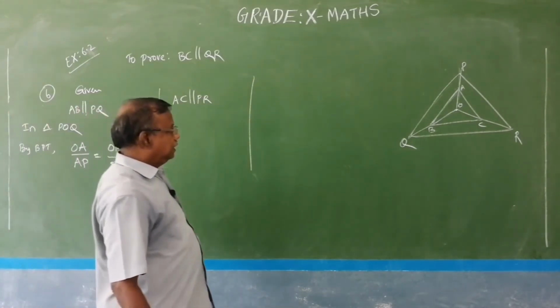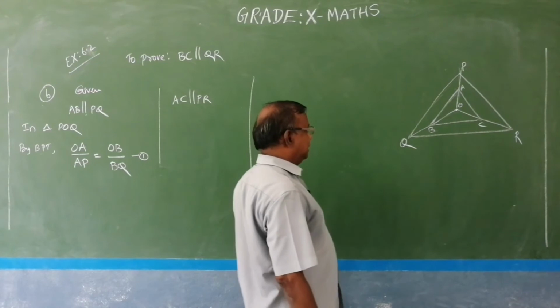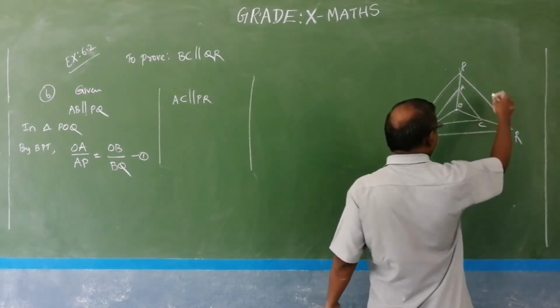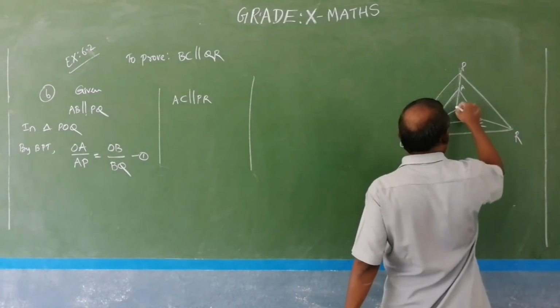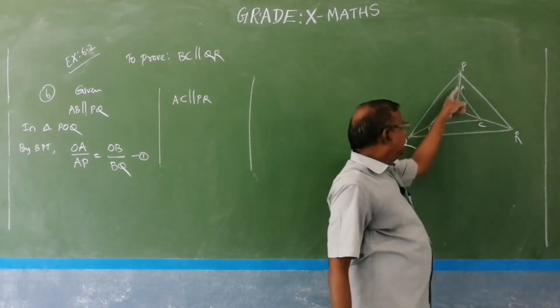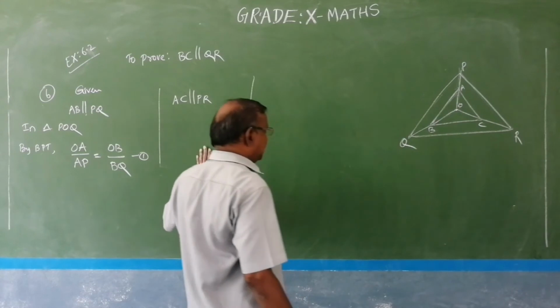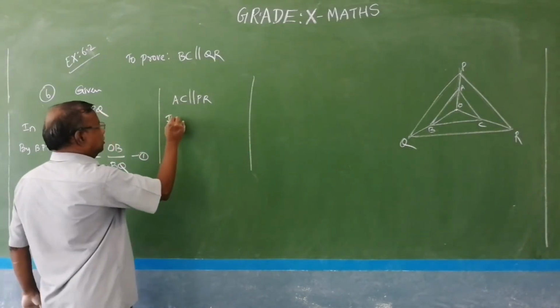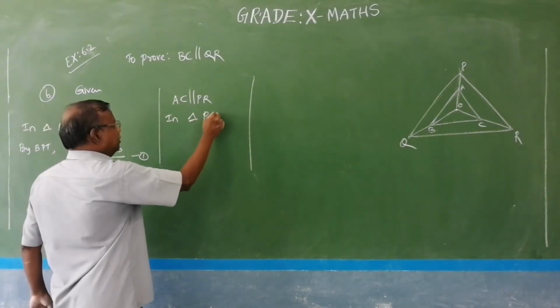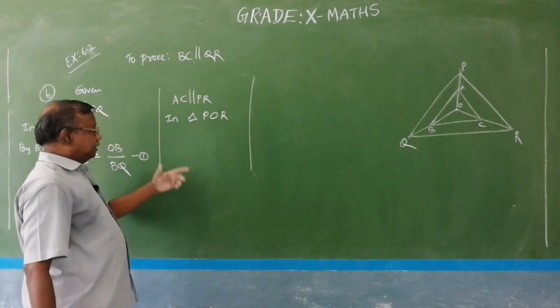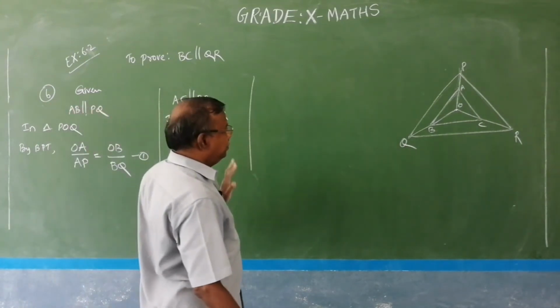And now consider the triangle POR because there only we have AC and PR. So in triangle POR, we are given AC parallel to PR.